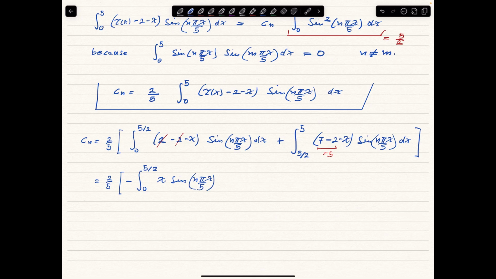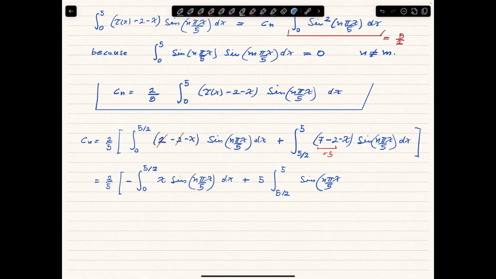This integral is only from 0 to 5/2. Then we have 5, which we take outside as a common factor, from the integral from 5/2 to 5 of sine of n pi x over 5.